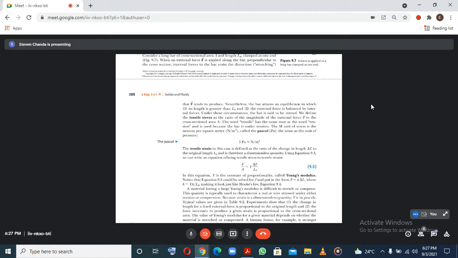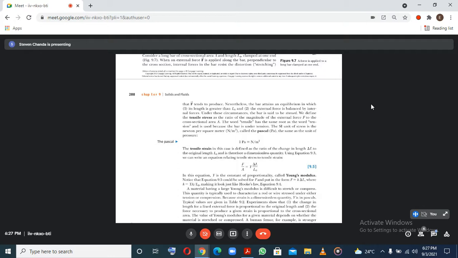But if you press on the middle of the banana and begin to squeeze the banana, that is compression. Okay, so let's just get that one straight.